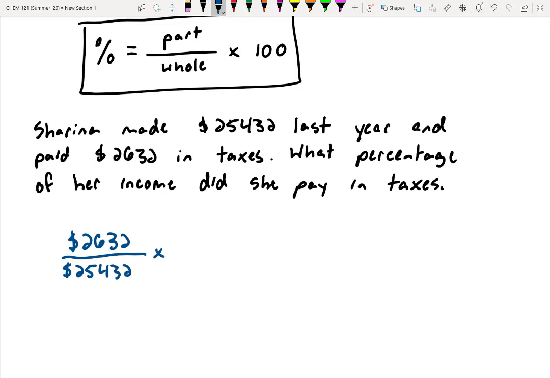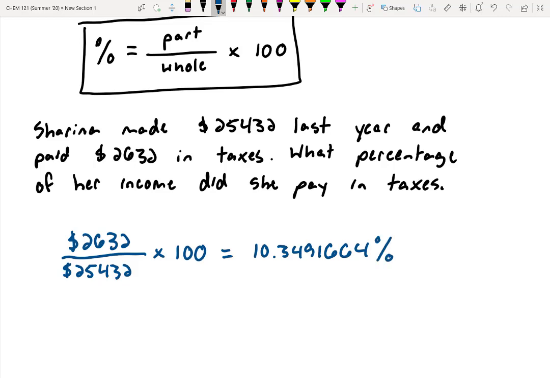And then we'll multiply this by 100. And if we do this, we should get a percentage out. So the number I get out in my calculator is 10.349164%.